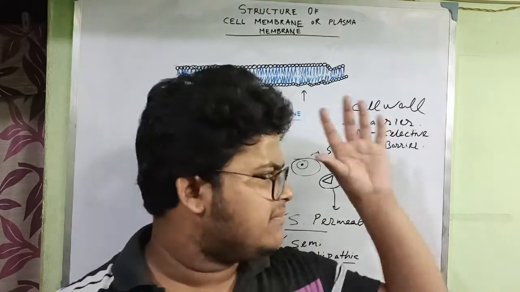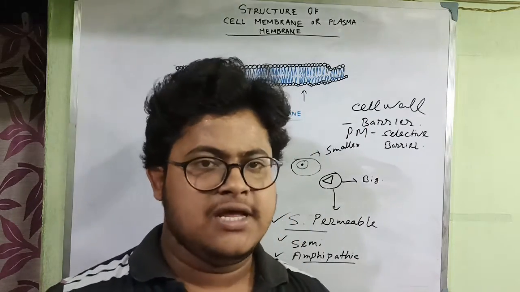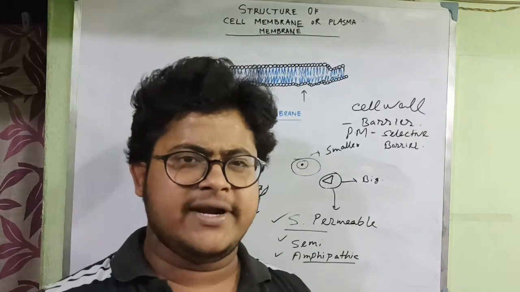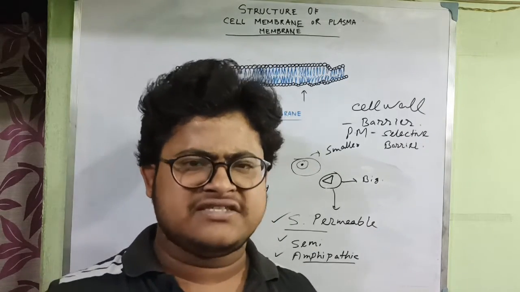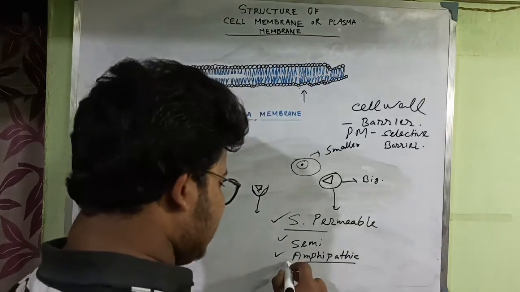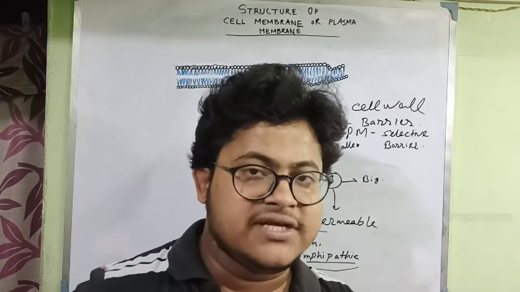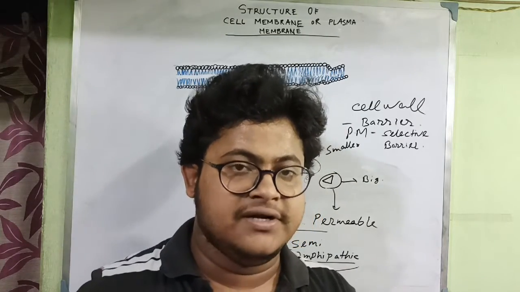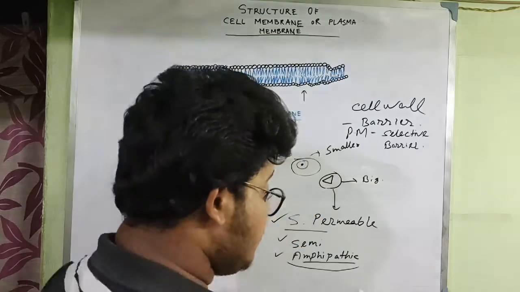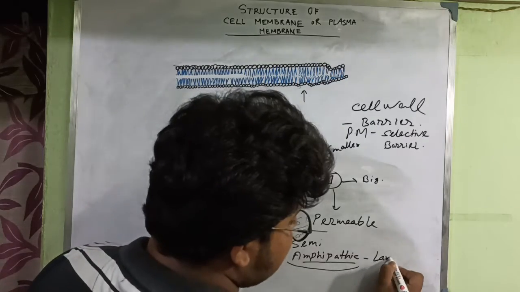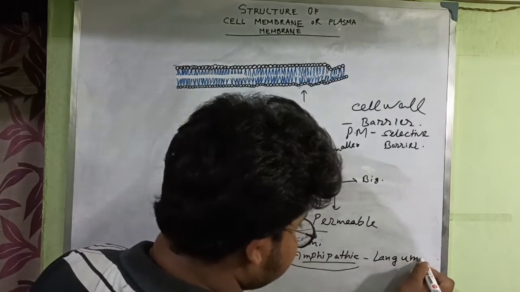Actually, the cell membrane was discovered by Nageli, but several experiments were done by various scientists. That the cell membrane is amphipathic was first discovered by a scientist named Langmuir.